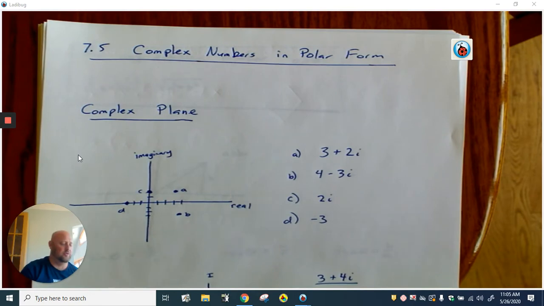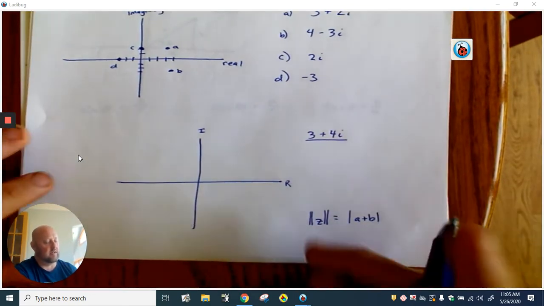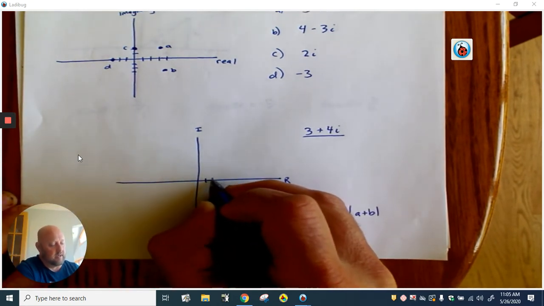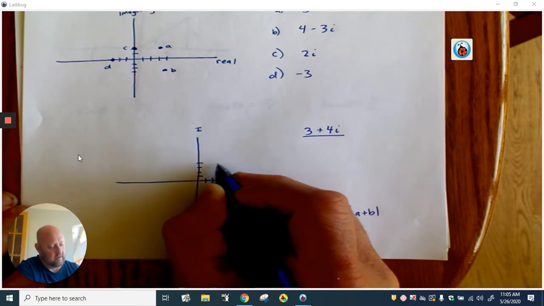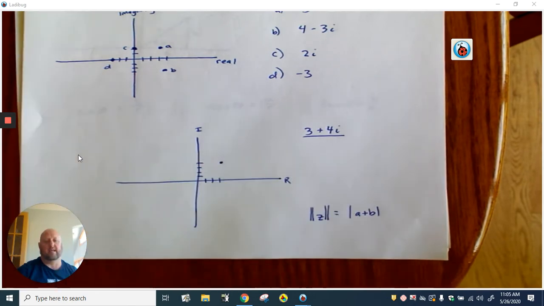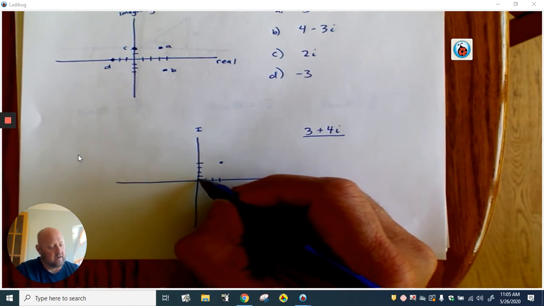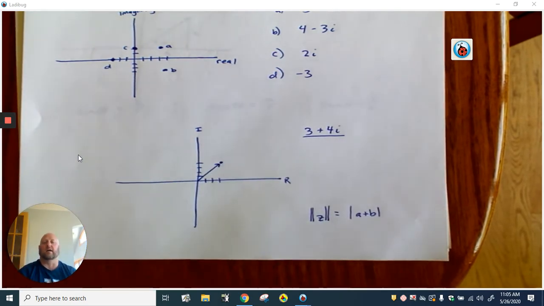As soon as you take points, like we'll plot the point 3 plus 4i, which would be right 3 and then up 4, right? As soon as you plot that point, it creates a very specific line that goes out to that point.